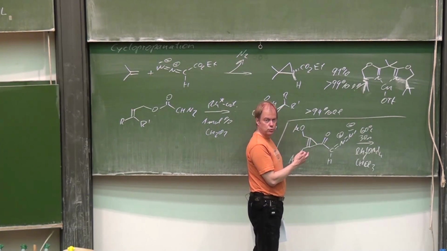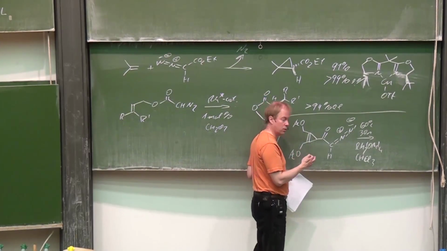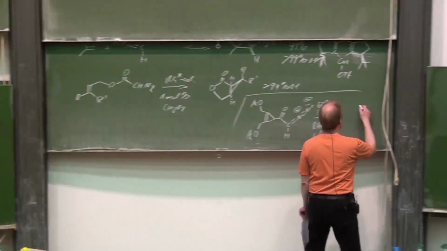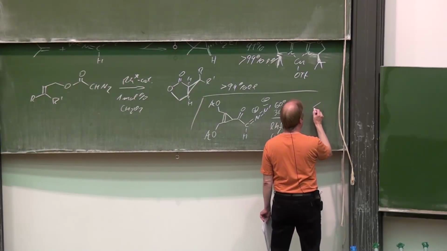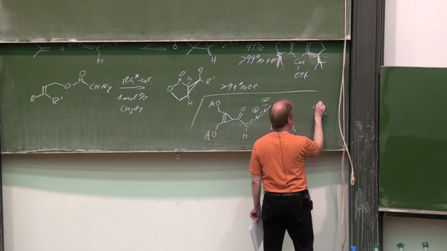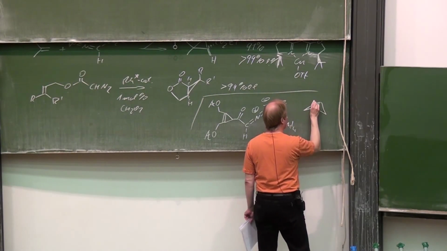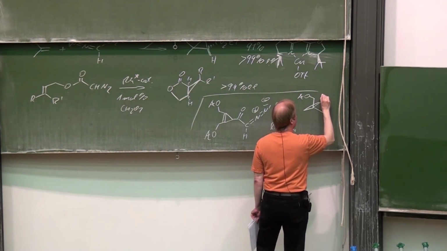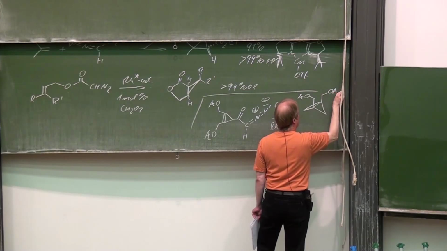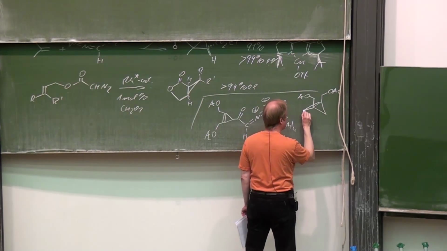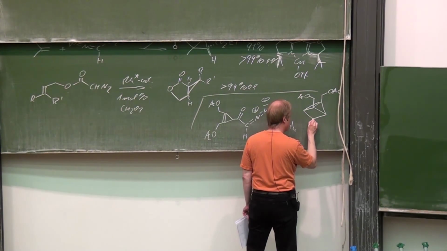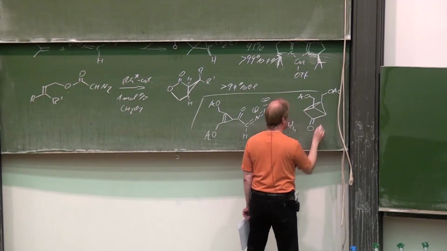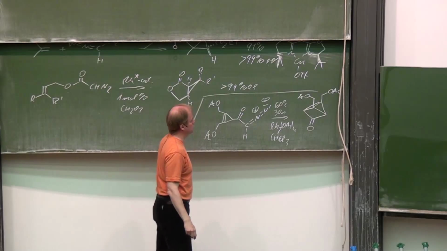Therefore, you get two annulated cyclopropane rings, connected with just this carbonyl bridging those two positions.